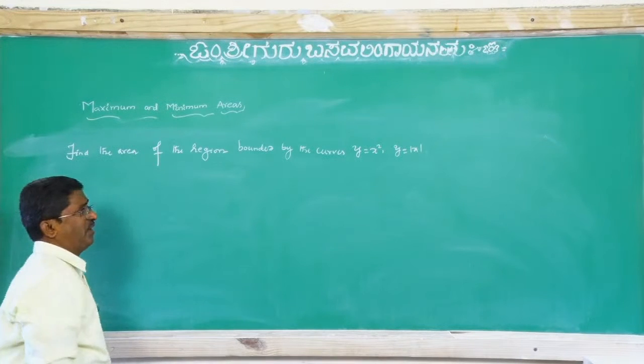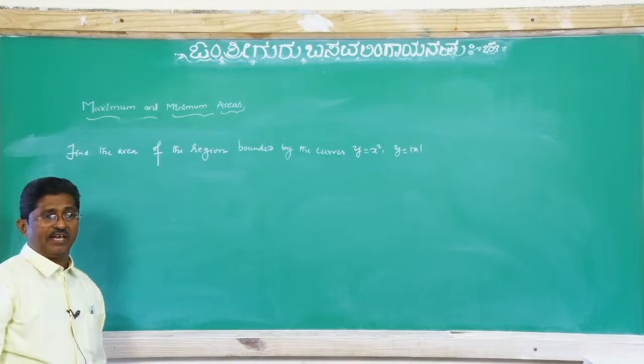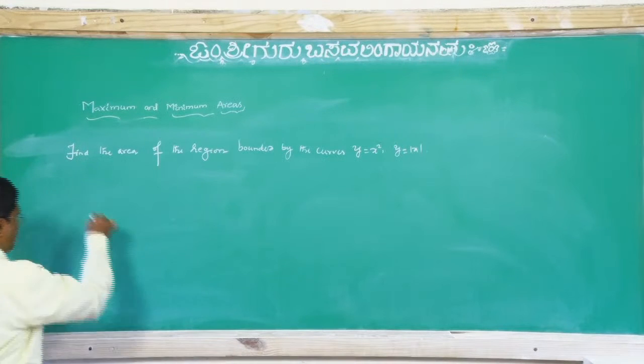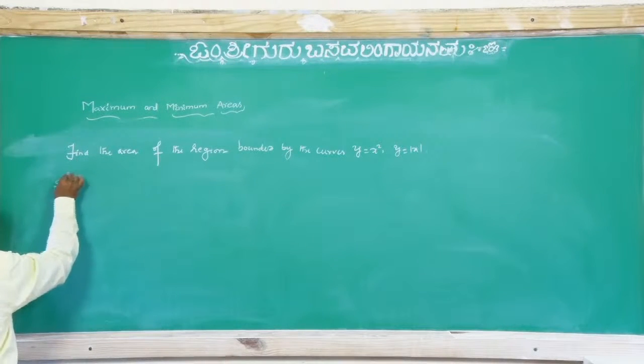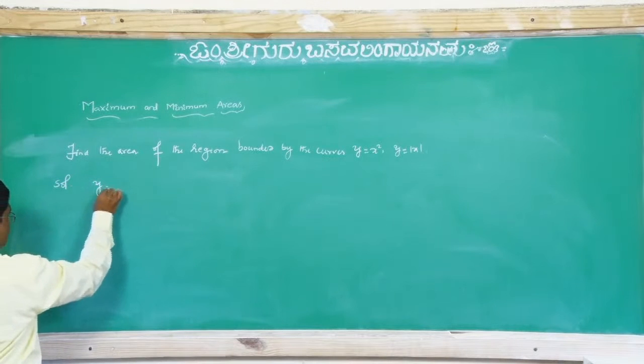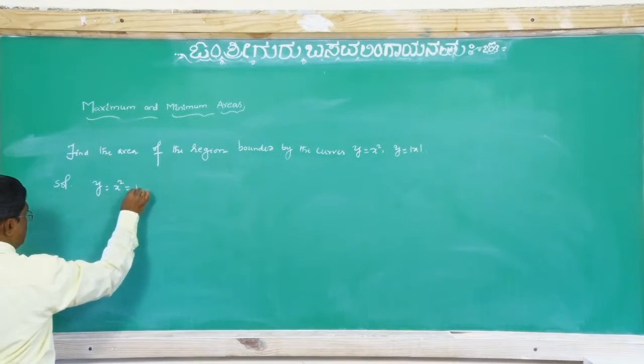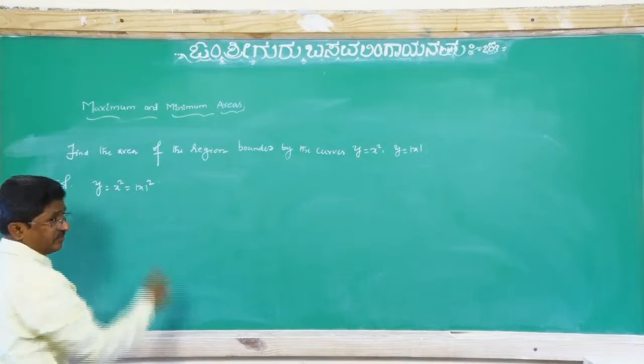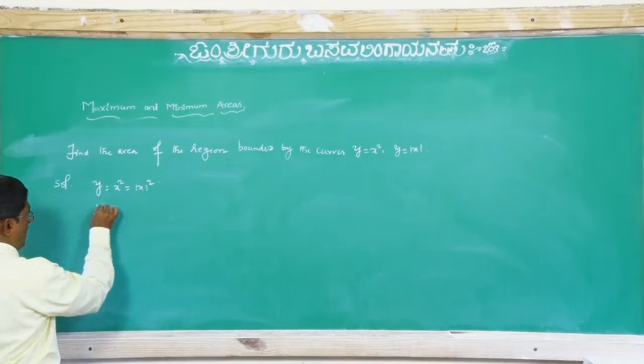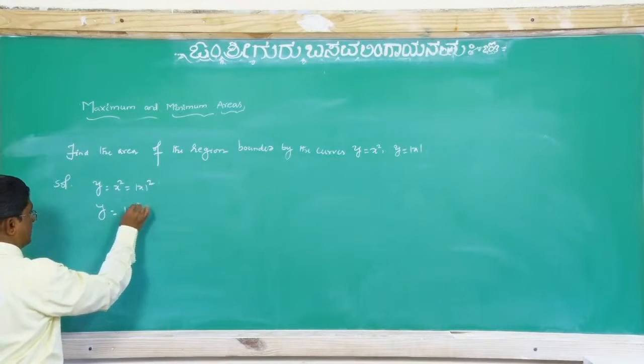First of all, solving the curve and line, we get the point of intersection. See all of you, y is equal to x square can be written as (mod x) whole square, and y is equal to modulus of x.